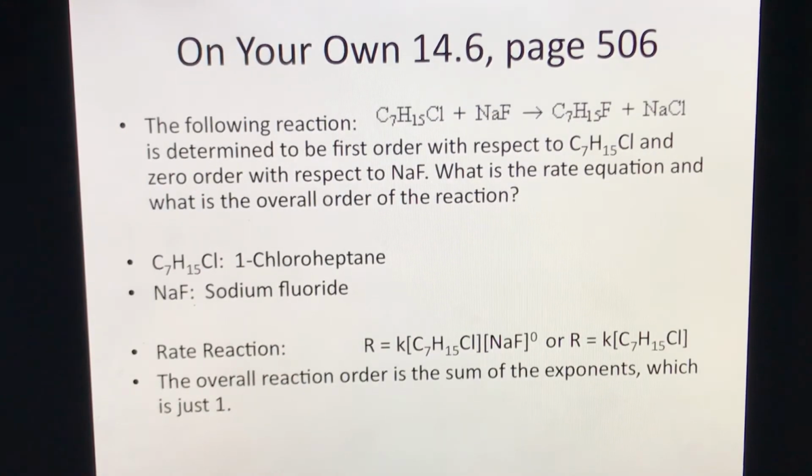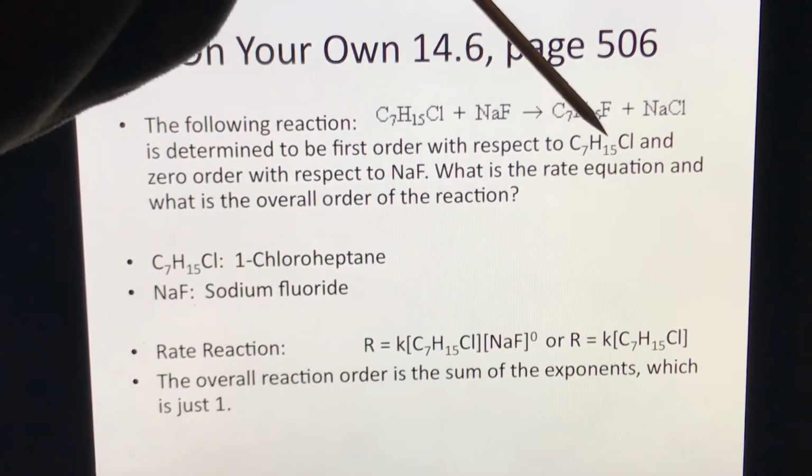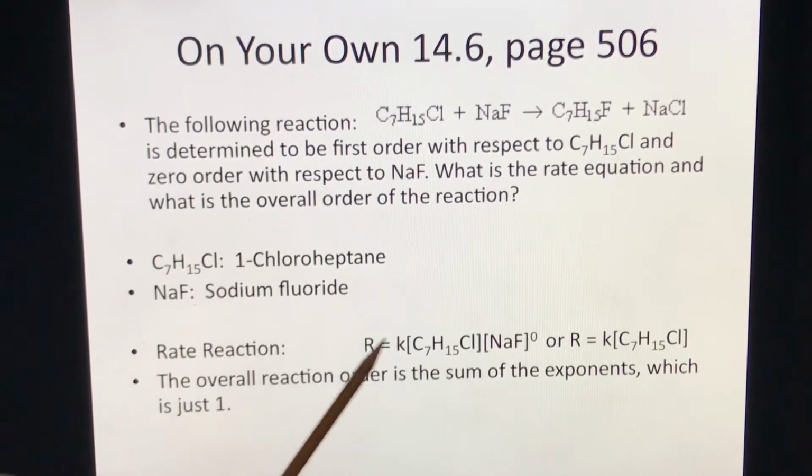All right, another on your own. So it says, 14.6, the following reaction, this is called 1-chloroheptane, C7H15Cl, reacts with sodium fluoride, and it's determined to be first order with respect to the C7H15Cl.